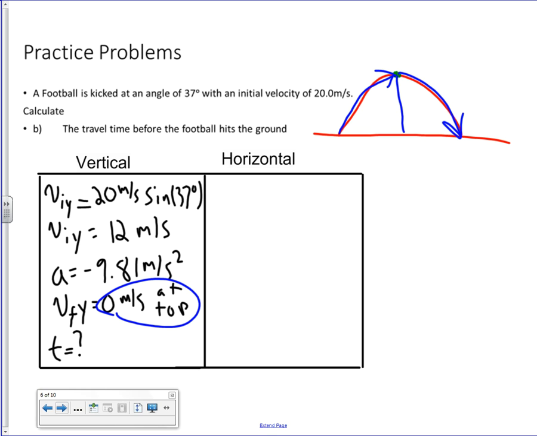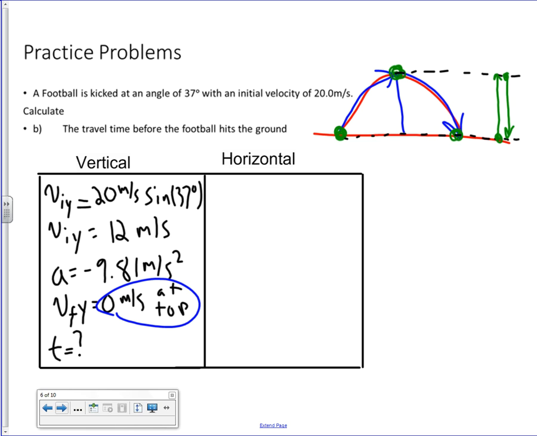Okay. And we're going in full motion. If I look at this in terms of just the vertical, I start here, I go up, and I come back down. We go up, we reach the top, we stop for just a second, with a velocity of 0 meters per second, and we start to accelerate downward.